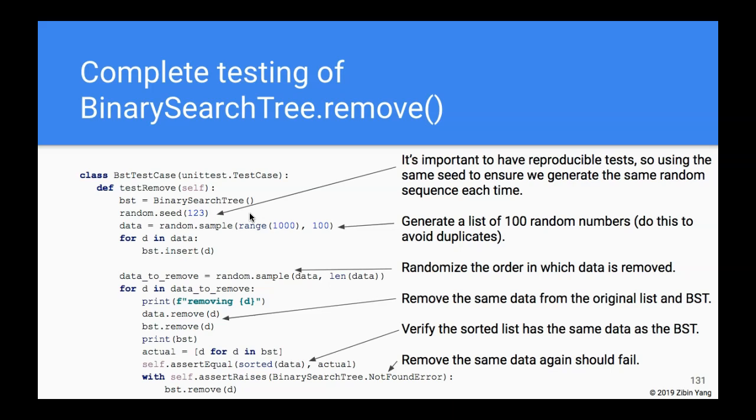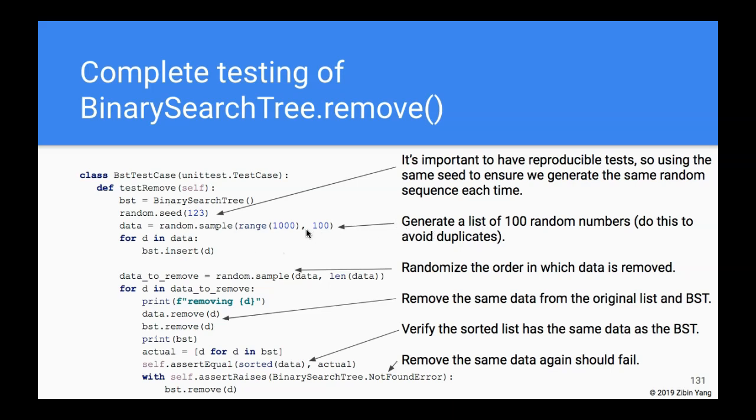The reason is it's important to have reproducible tests, so that if there is a bug, we can do the same test again and debug it. If every time it's completely random and different, then if there's a bug, sometimes the tests will succeed, other times they will fail, and that's really, really hard to debug. So that's why I give it a fixed random seed.